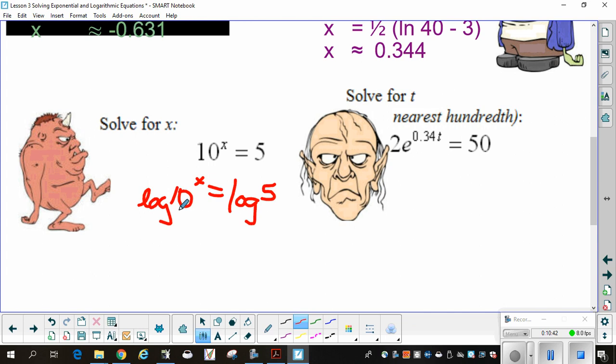Why didn't I put a 10 here? Because log without a subscript is log base 10. That's our common log. It cancels this out. X is simply equal to log of 5.